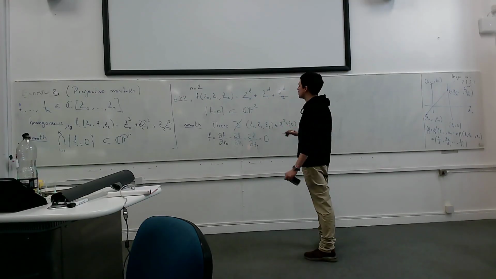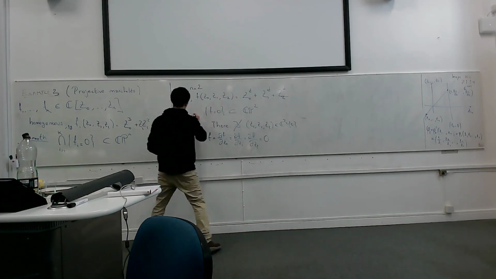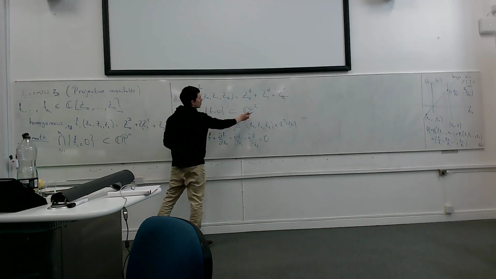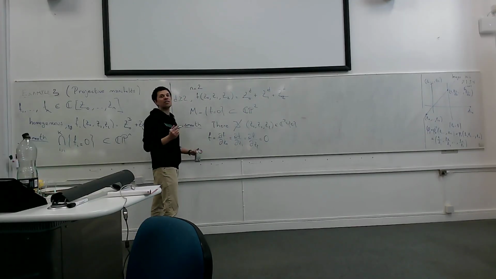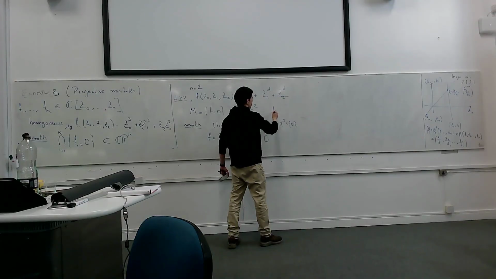So this particular example is smooth. This zero set M is a hypersurface in CP2. It's again a Riemann surface.